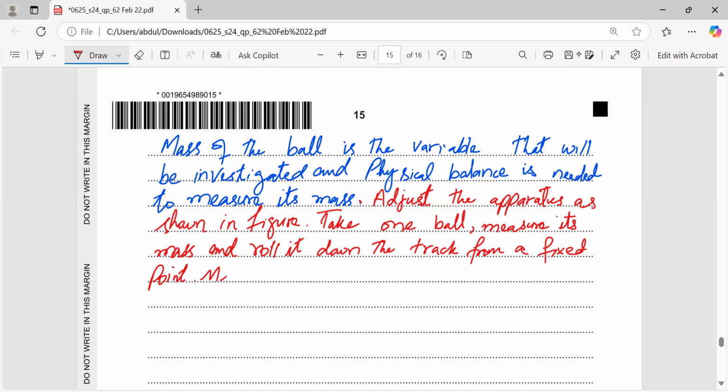Then also measure the horizontal distance it travels.